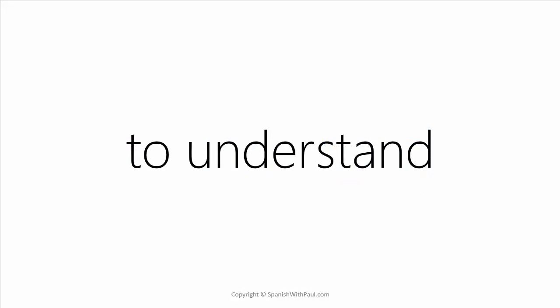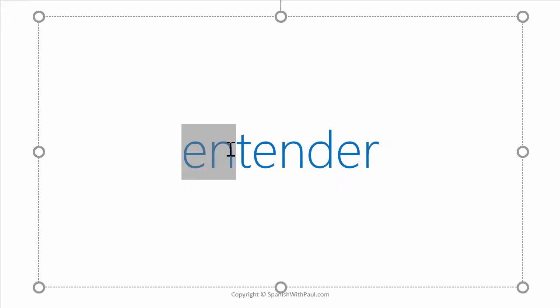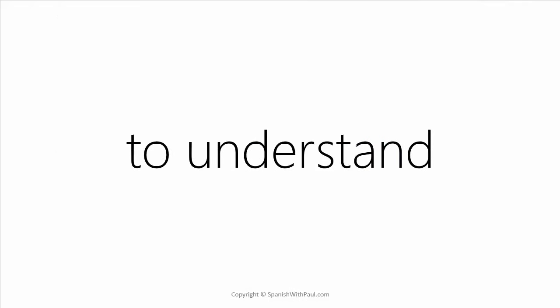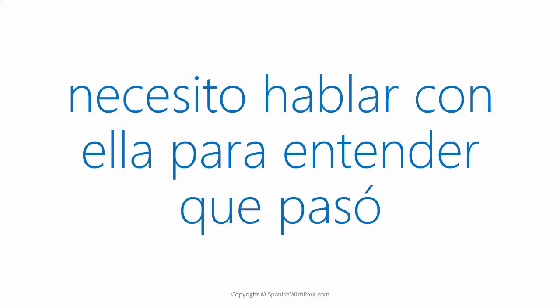The verb to understand is entender. Three syllables. Entender means to understand. How would you say, I need to speak with her to understand what happened? Necesito hablar con ella para entender qué pasó.